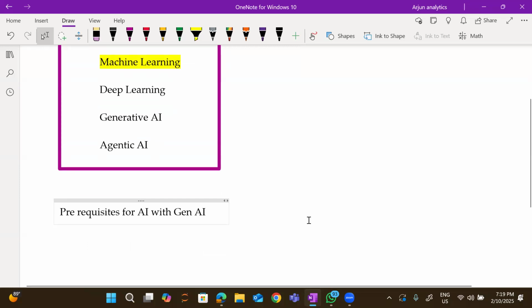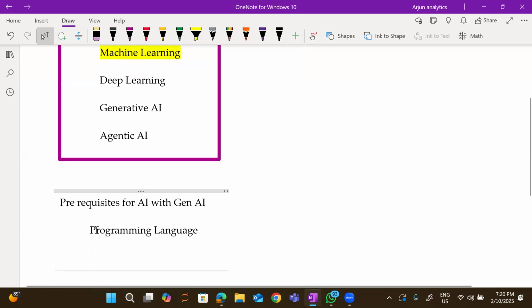Now, prerequisites in a sense, what you have to know to perform, or if you want to be a part of this. First one is one programming language. We require one programming language.